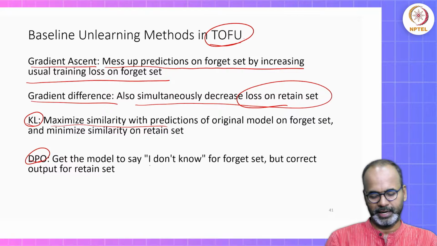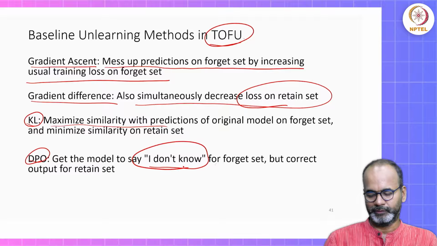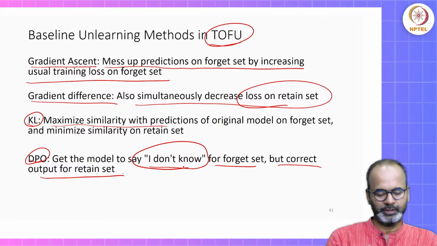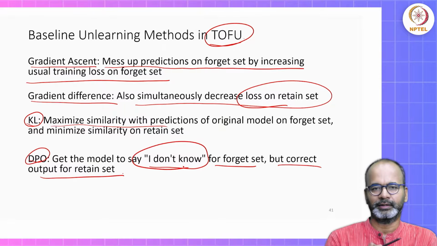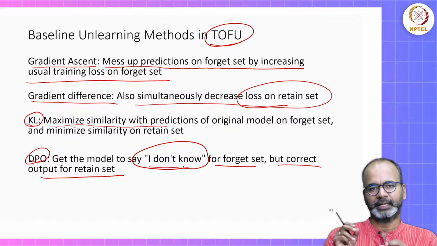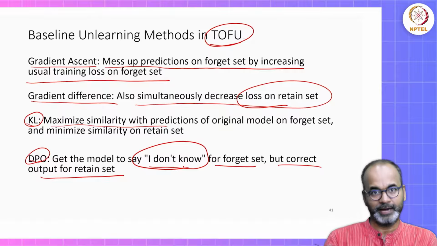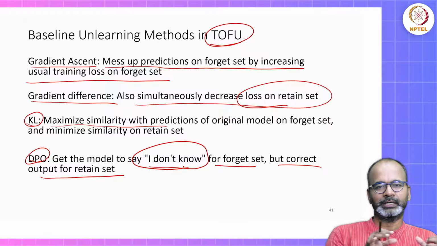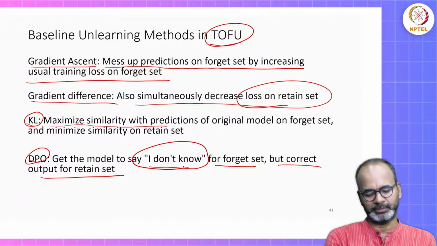Get the model to say, I don't know for the forget set, but give the correct output for the retain set. This I think we have seen before also, right? You want to make sure these models don't only forget some things, but also remember whatever it is supposed to remember.